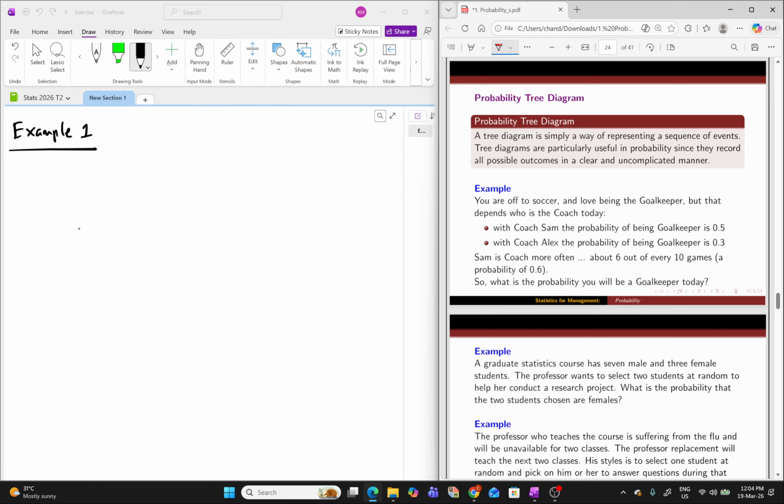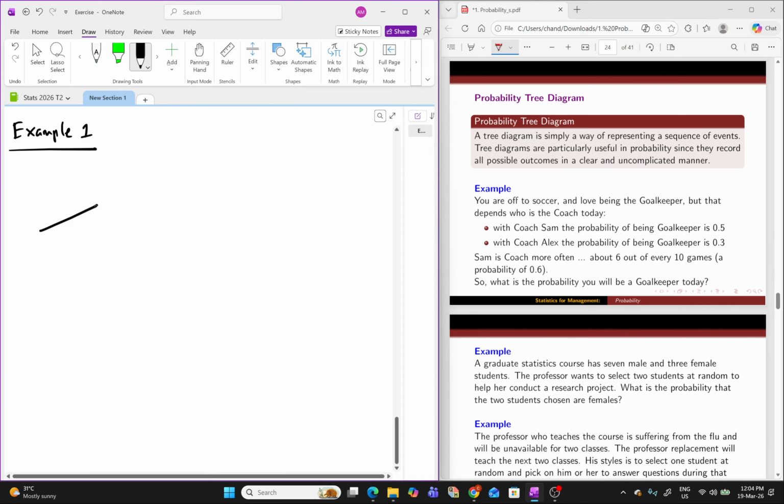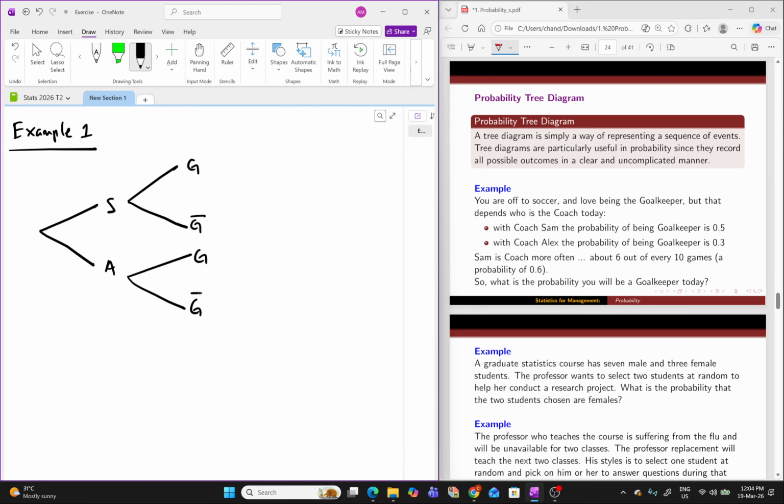So based on this information, there are coaches, Coach Sam and Alex, and you become goalkeeper or not a goalkeeper.